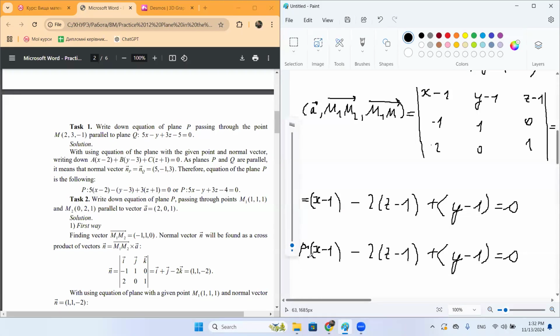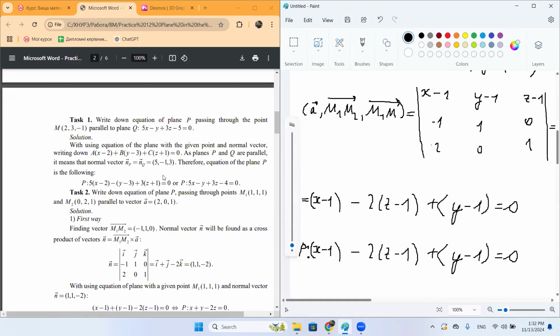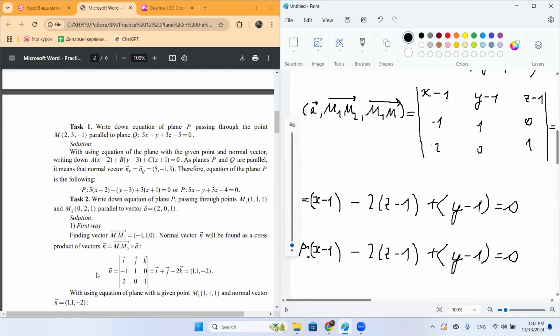So just for understanding what we received. Any questions about such a kind of solution? Which do you prefer? The first one, with receiving a normal vector, or this one?